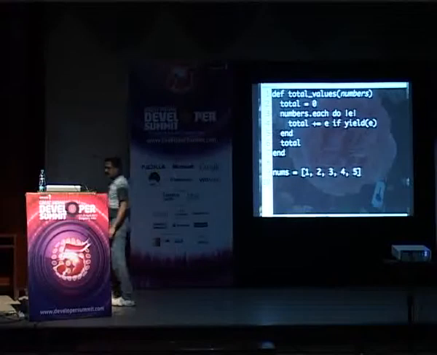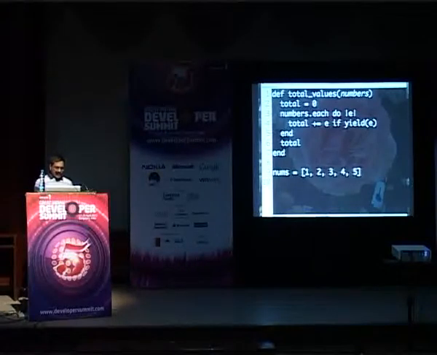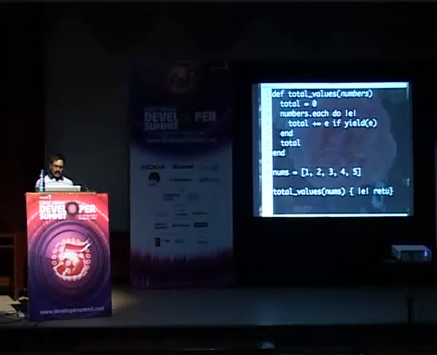So what am I doing here? I'm yielding into it. So as a result, I can call total values, send the numbers, and we can specify, given an element on hand, return true, because I want to accept all the elements that are given to him, right? So now I can print this result out, whatever that result is.